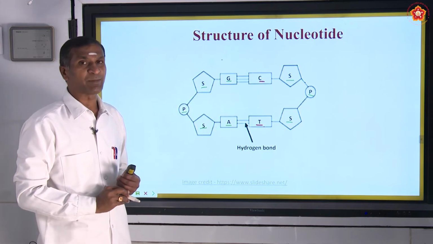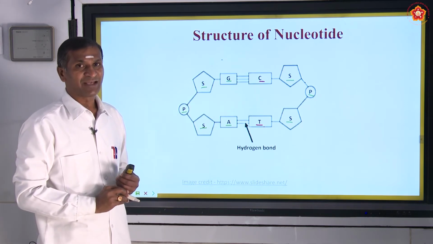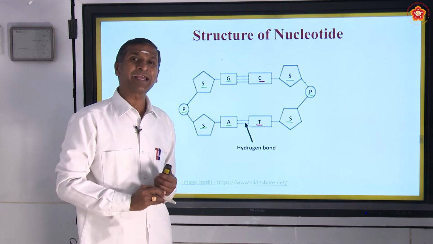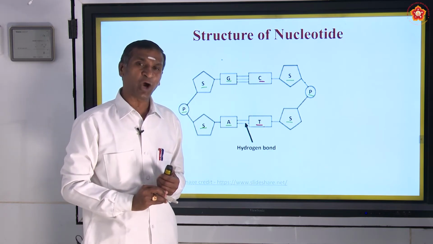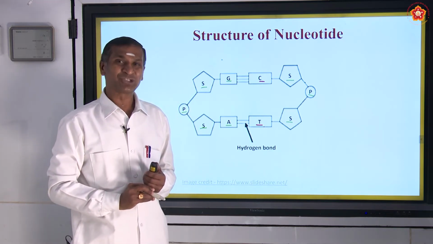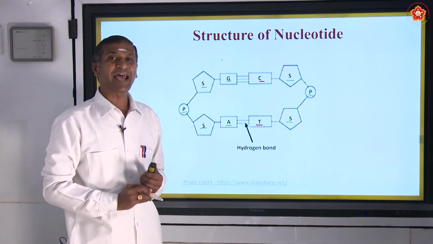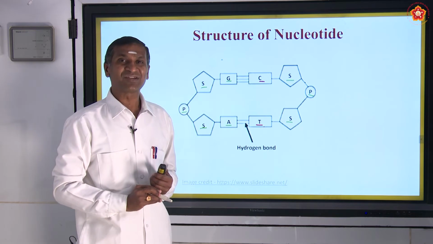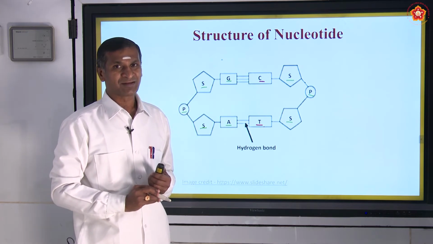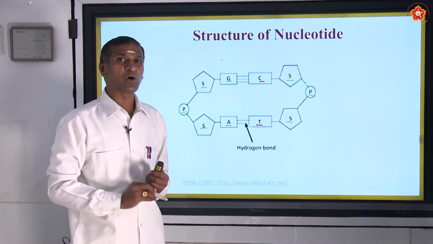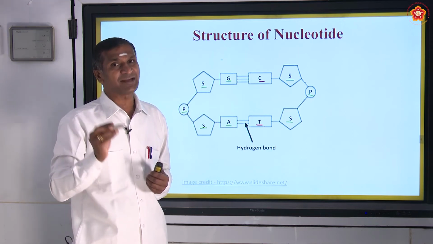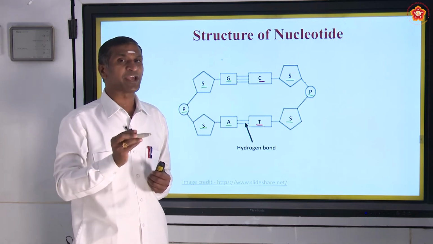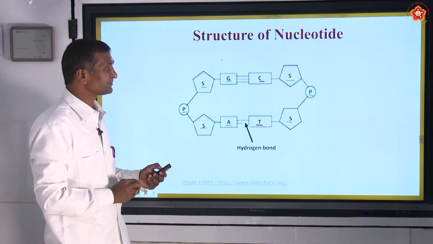Very important for multiple choice questions. In a nucleotide, adenine combines with thymine with how many hydrogen bonds? Two hydrogen bonds. Cytosine combines with guanine with how many hydrogen bonds? Three hydrogen bonds. And you should know always adenine gets paired with thymine and guanine gets paired with cytosine.